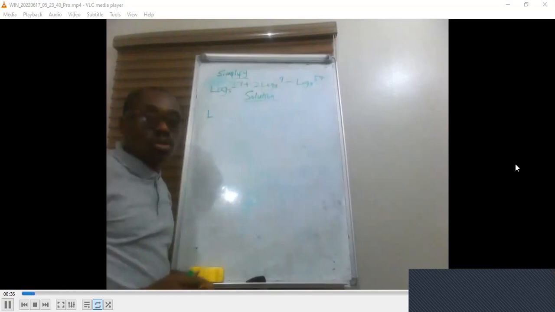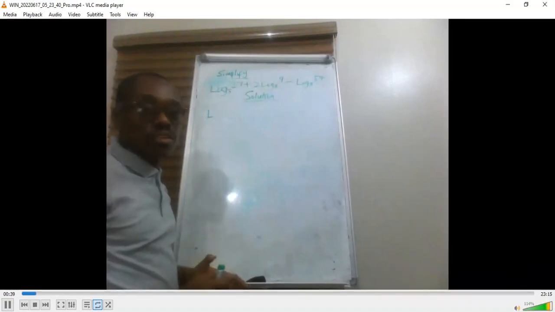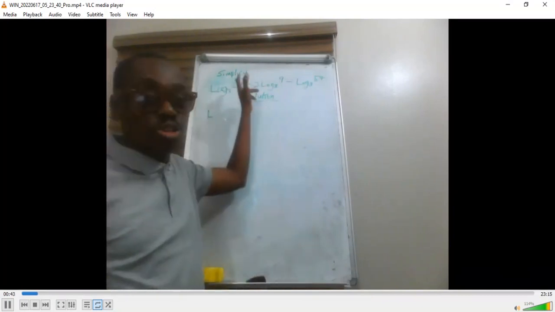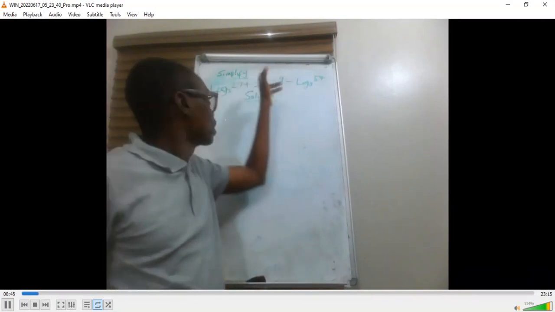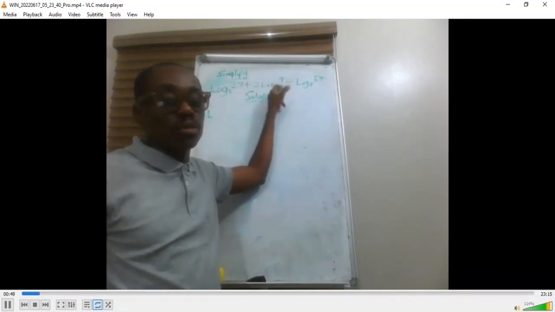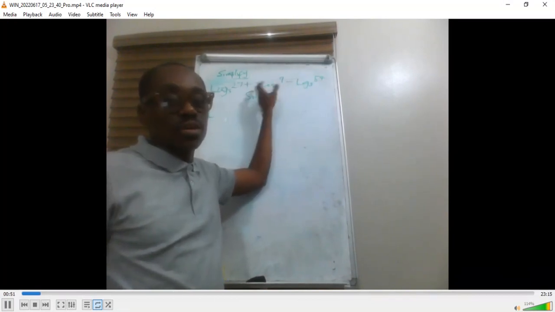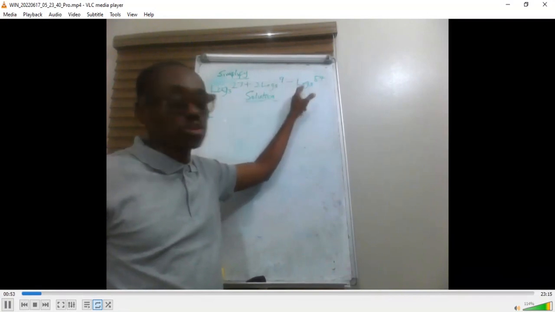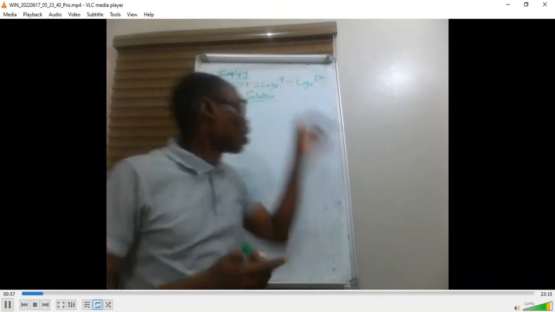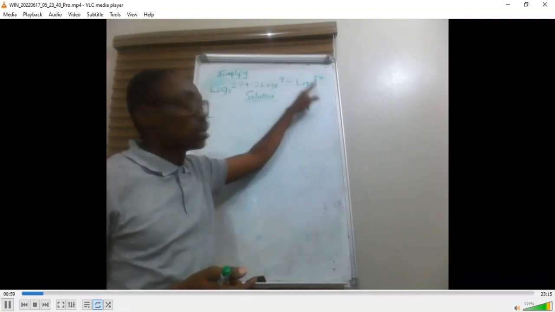We know that in log, when you have addition, you can multiply. When you have subtraction, you divide, when they have a common base. The common base there is base 3, base 3, base 3.